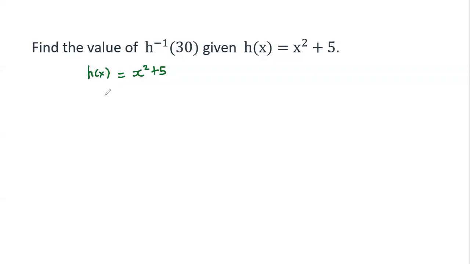So replace h of x with y, and it becomes y is equal to x squared plus 5. Then we interchange x and y. Then it will become x is equal to y squared plus 5. x minus 5 is equal to y squared plus 5 minus 5.